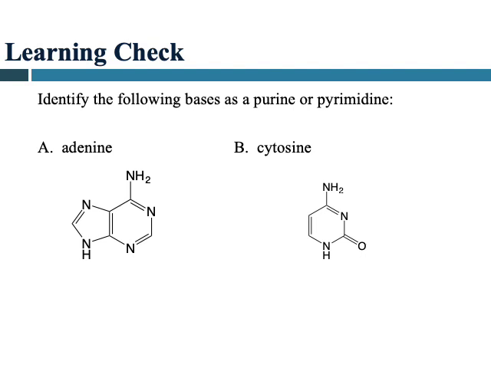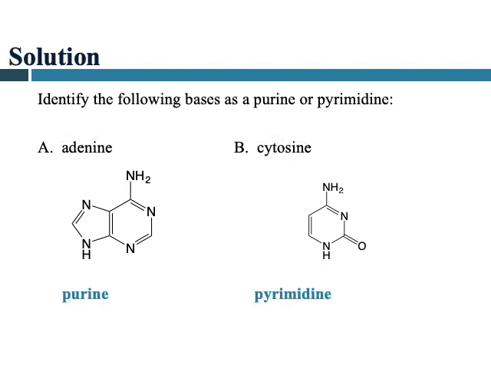Right. So identify the following bases as purines or pyrimidines. So if you have adenine, does it belong to purines or pyrimidines? So you have to see. And then for cytosine, whether it's a purine or pyrimidine. So if you can see, adenine belongs to the purines.